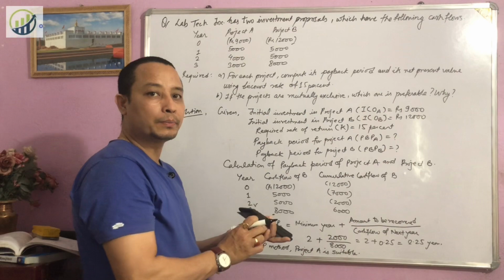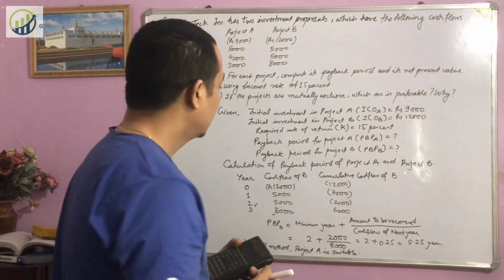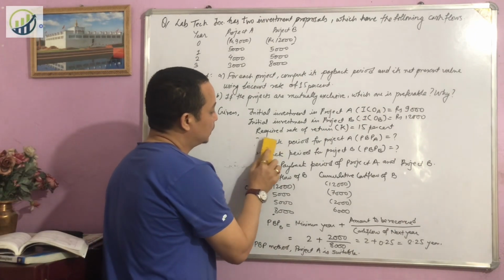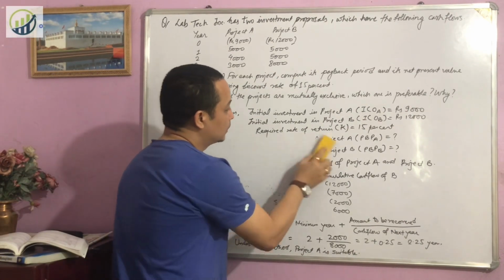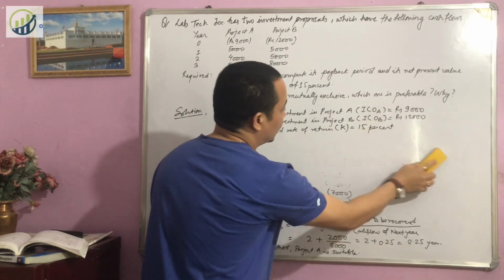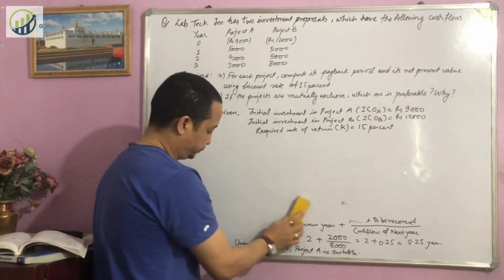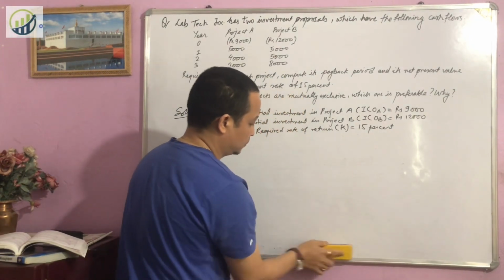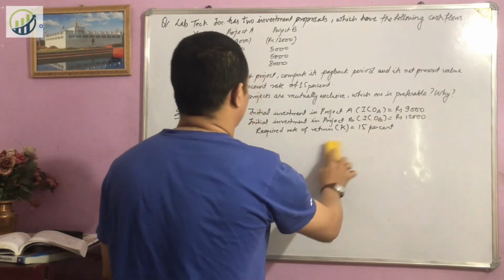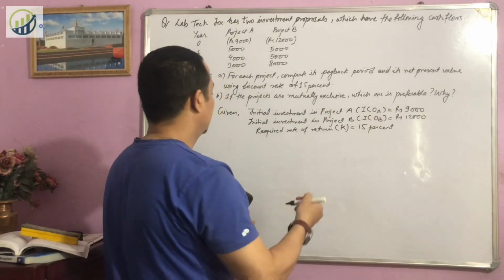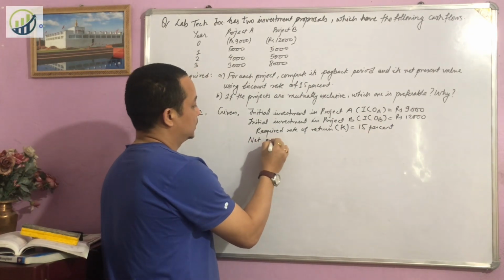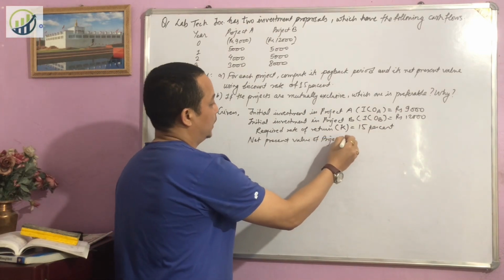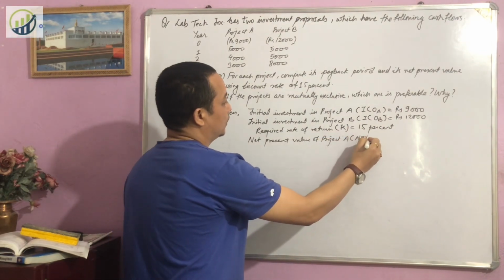Now after you find the payback period, you have to find the net present value. So calculation of net present value, let's find the net present value of these two projects. Here you have to find the net present value of project A, NPV A equal to what?